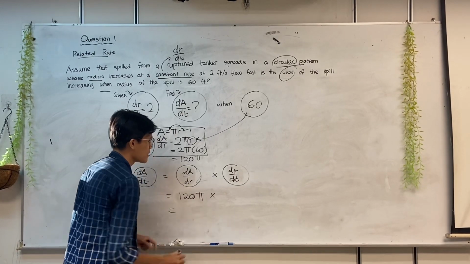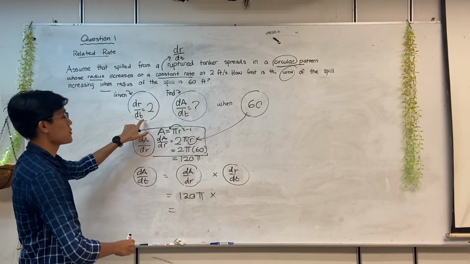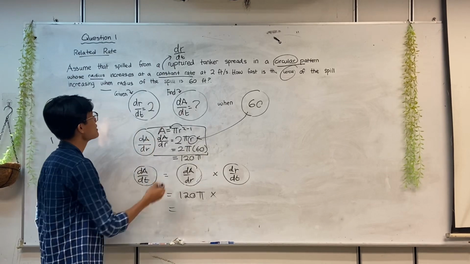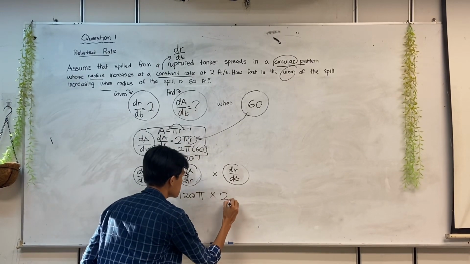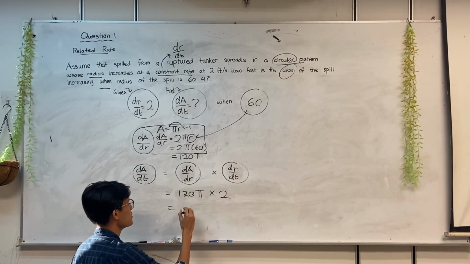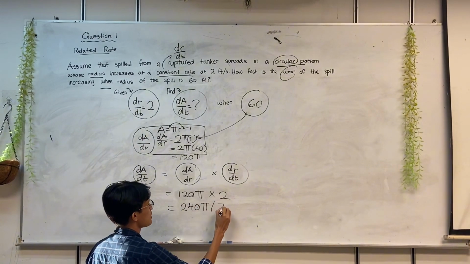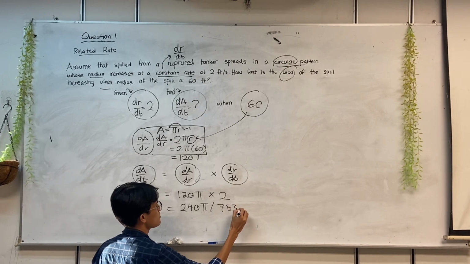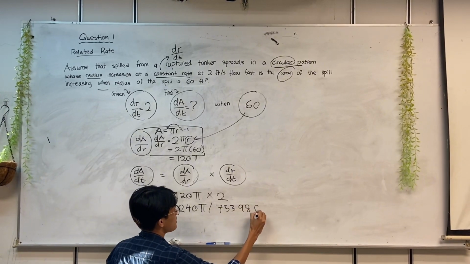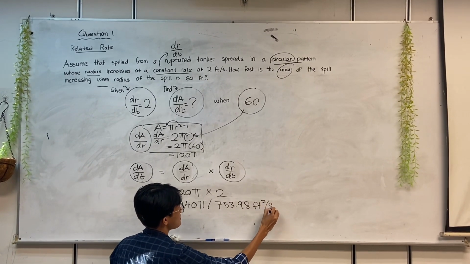We multiply by dr over dt, which has been given in the question. So we put here 2. So we multiply both of these values. So we got 240 pi or 753.98. Now that is the final answer.